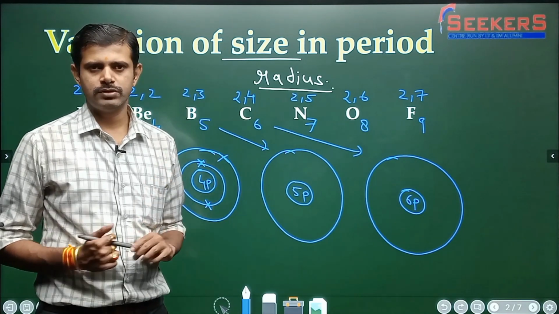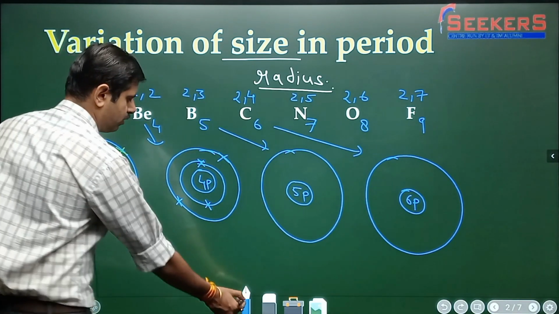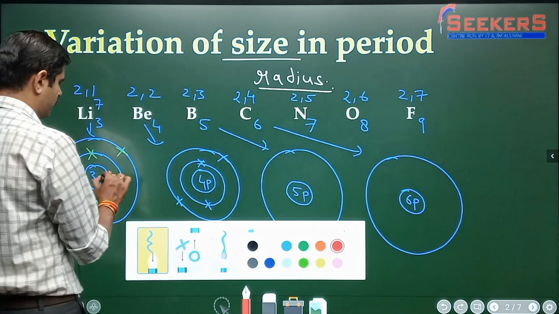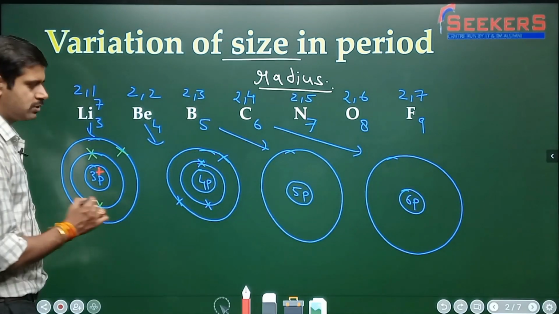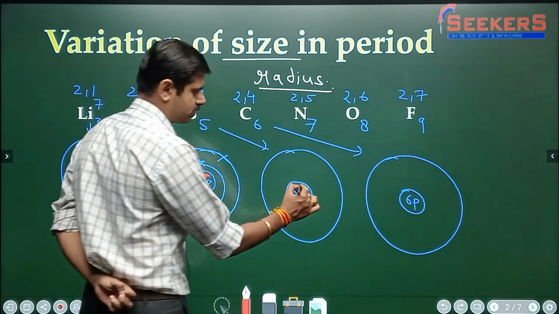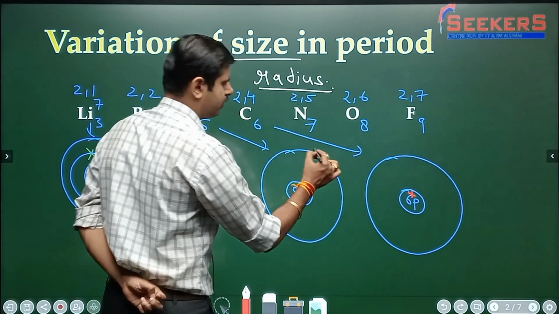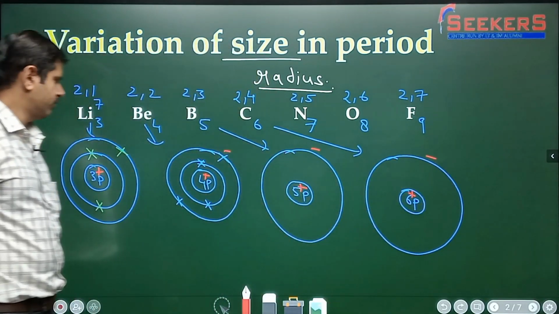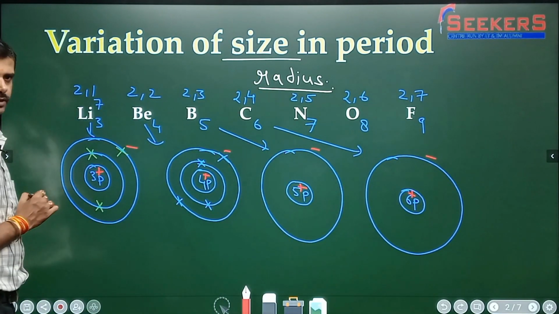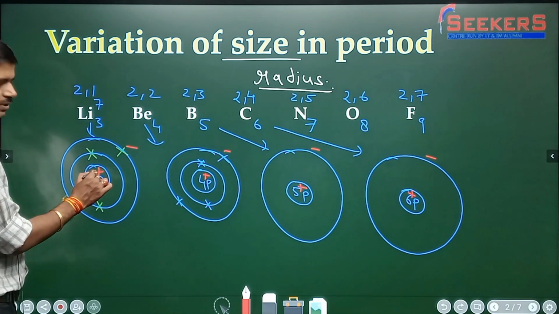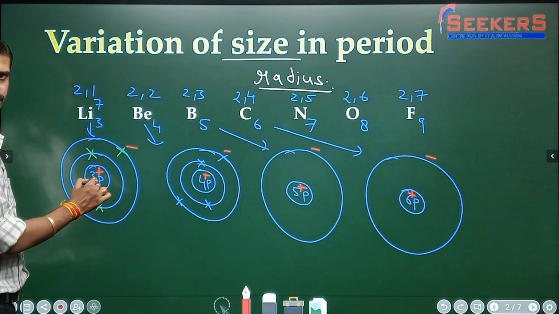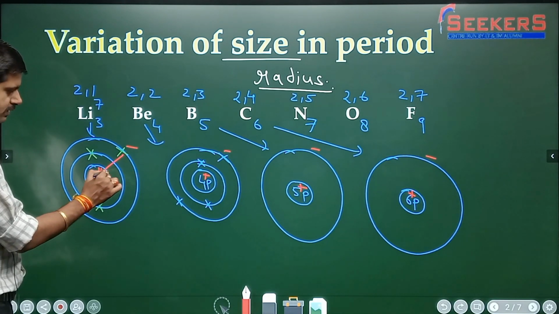When the number of protons is increasing in the nucleus, what will happen? Protons are positively charged, while electrons are negatively charged. There is a positive charge and a negative charge, and this positive charge will attract the negative charge towards its side.